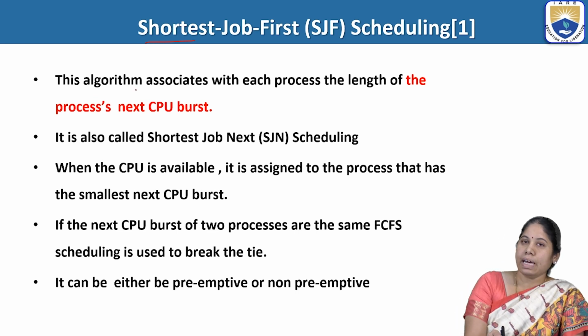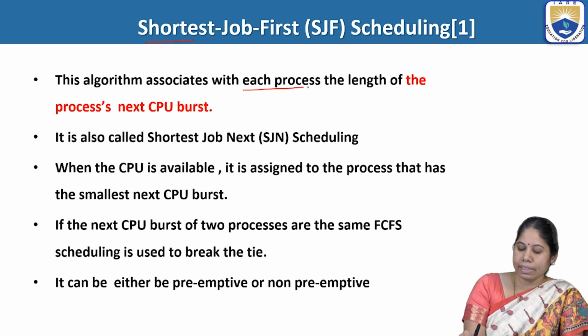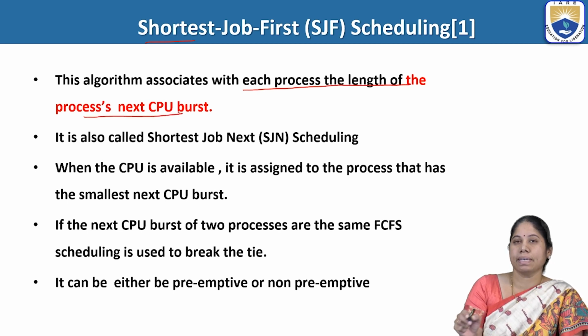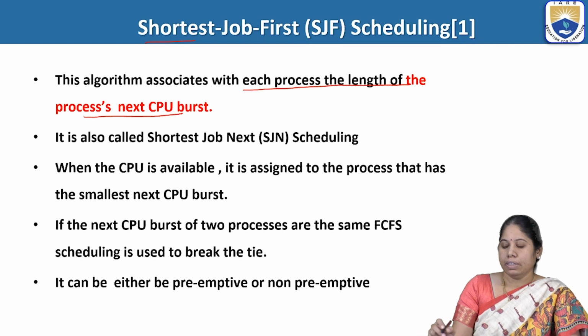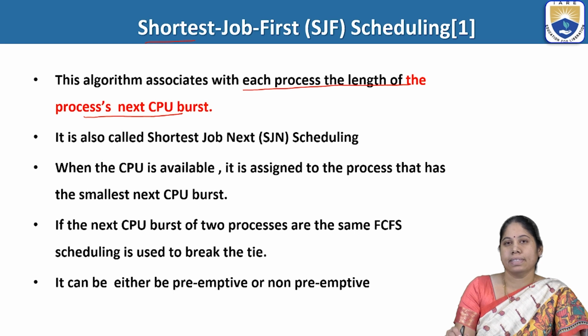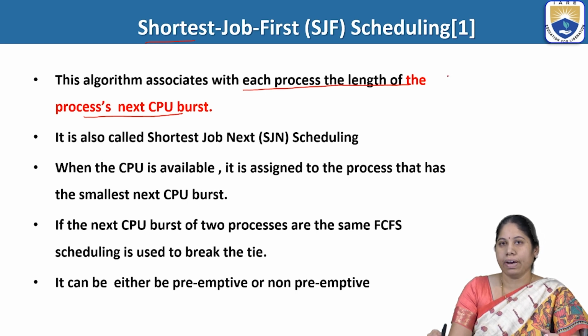So, this algorithm associates with each process the length of the process's next CPU burst. When the processes are sitting in the ready queue to acquire the CPU, the scheduler will pick the process based on the scheduling algorithm.